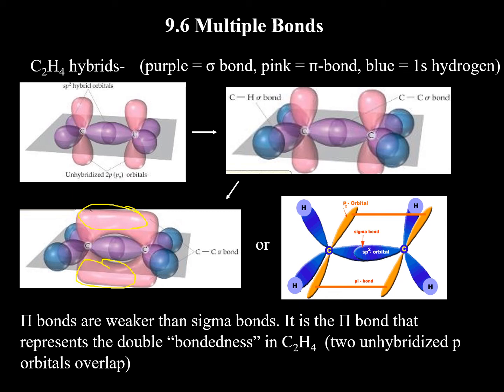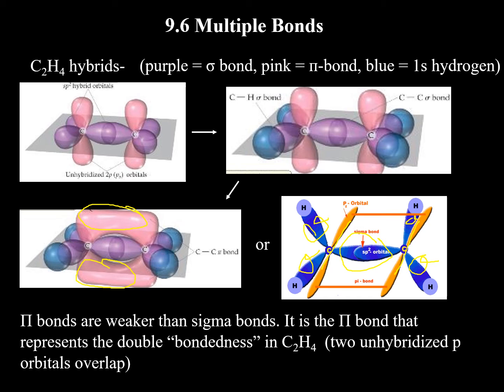You can either be above and below or in and out of the plane. Either one is fine in terms of the overlap. And then we have these sigma bonds here, which are direct. So the question to you was how many sigma bonds are in this C2H4 molecule?